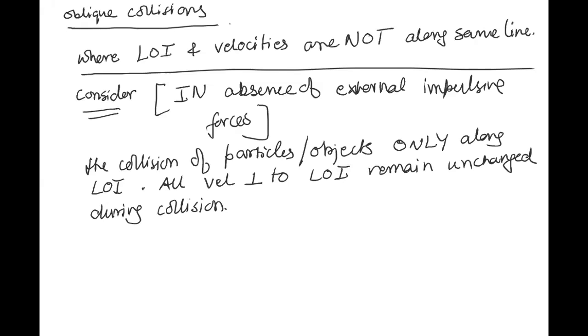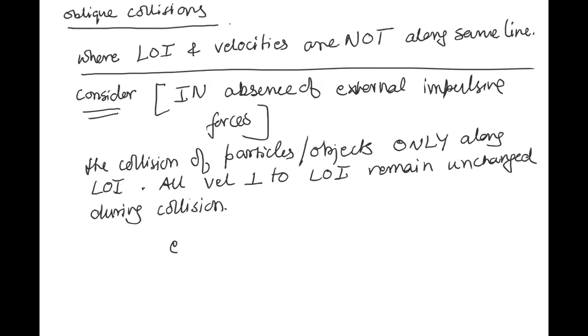तो एक पार्टिकल का वेलोसिटी along the line of impact something and perpendicular to the line of impact is something, then the velocity along the line of impact will change due to the collision. Perpendicular wala will remain as it is. Okay.